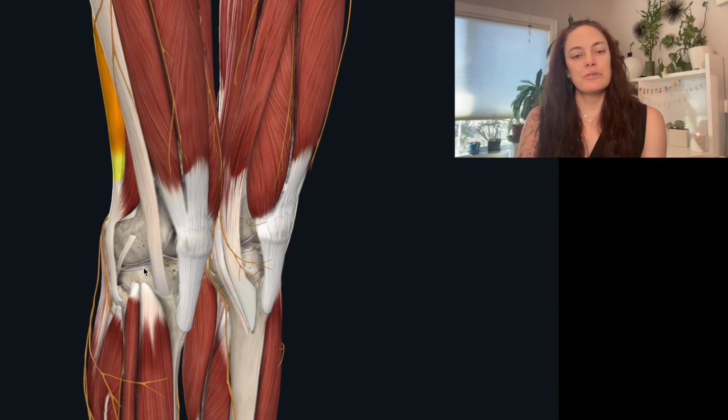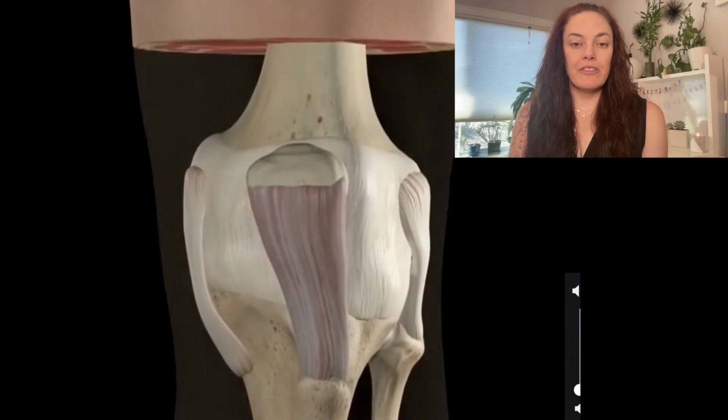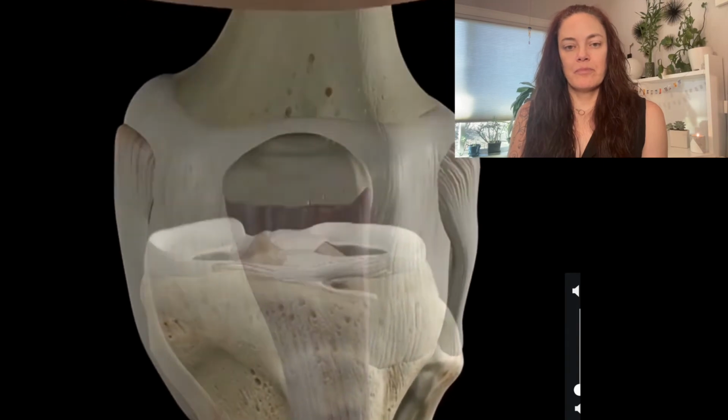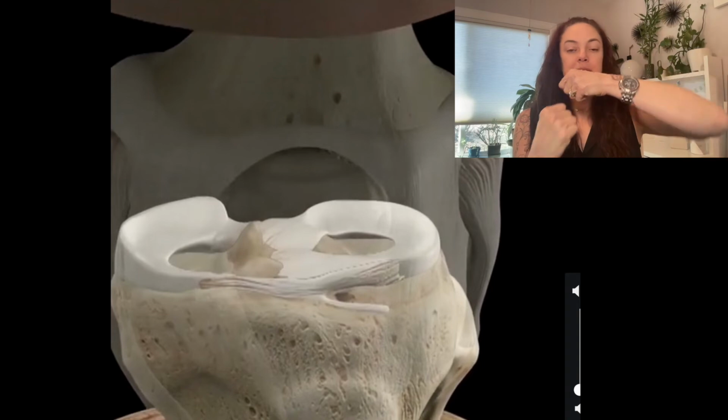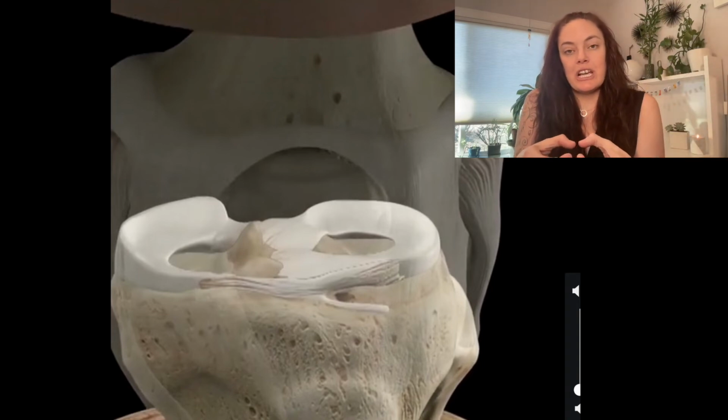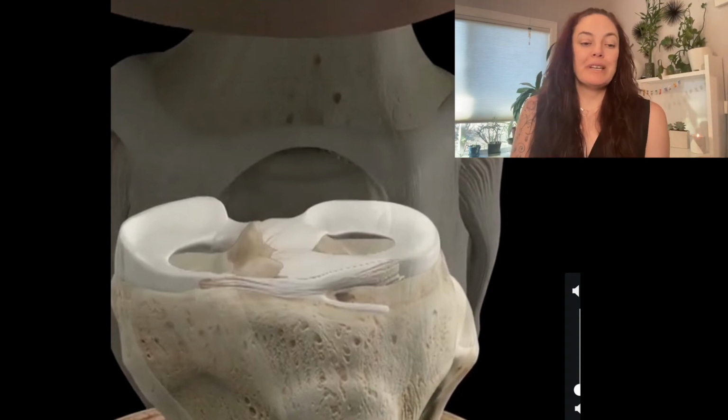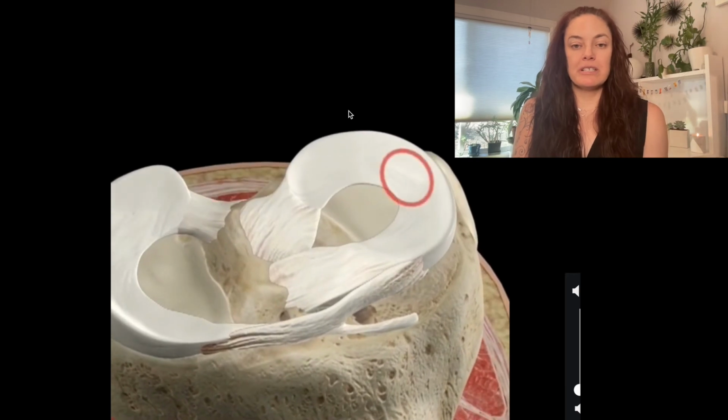And then I want to show you the inside. Just to show you what the meniscus looks like, these are the pads that are inside your knee joint. If you look on the inside, one bone comes up and the other bone comes down, and then you've got these two C-shaped pieces of cartilage called your meniscus, so medial and lateral meniscus.